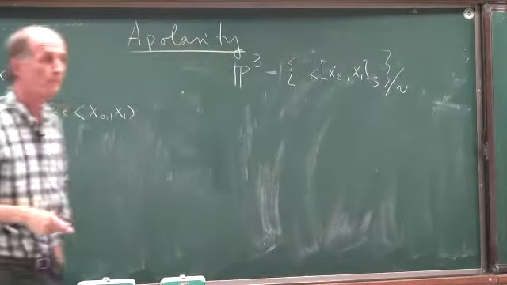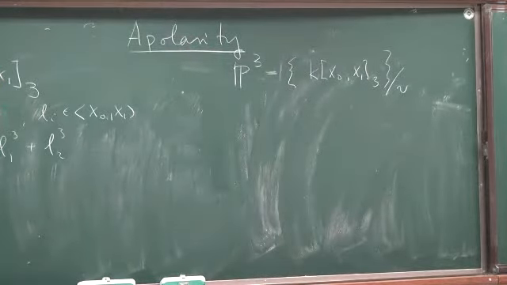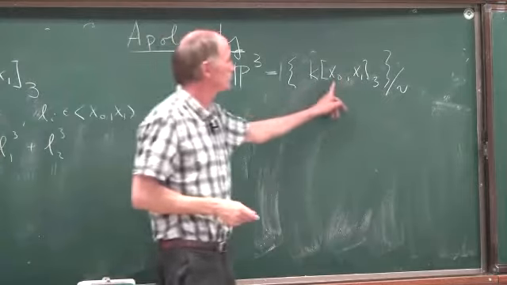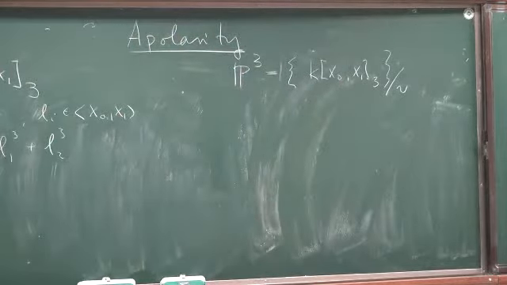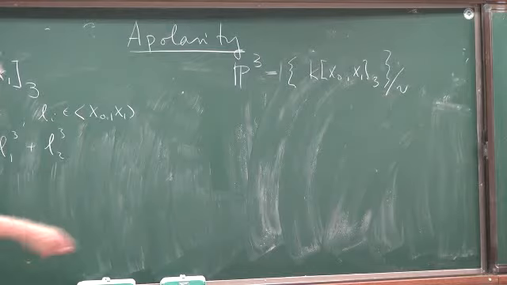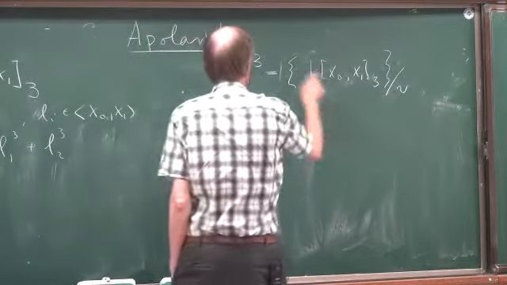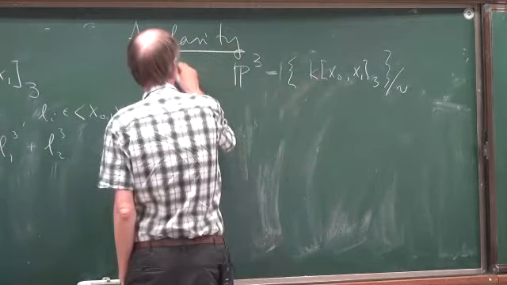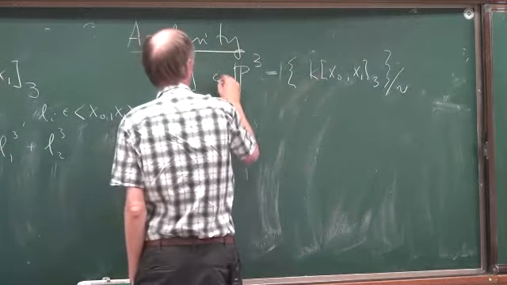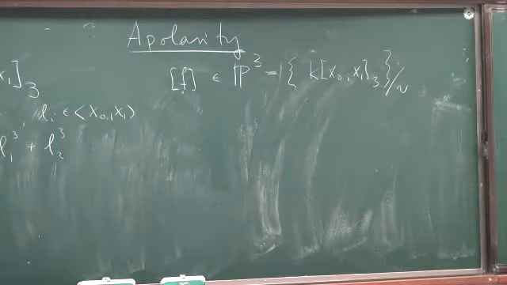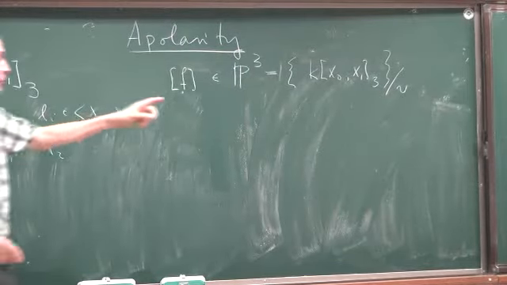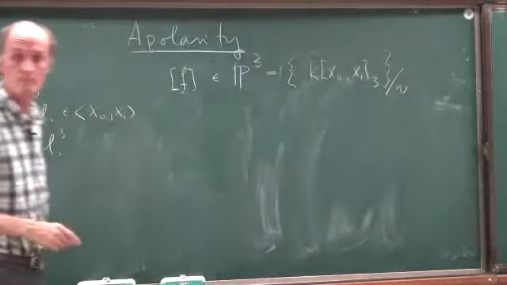As a P3, I have four coefficients. And now I have f, or the class of f, as a point in this P3.